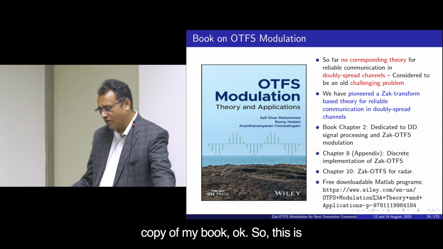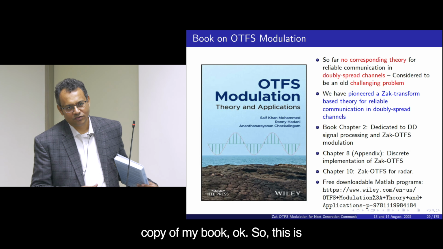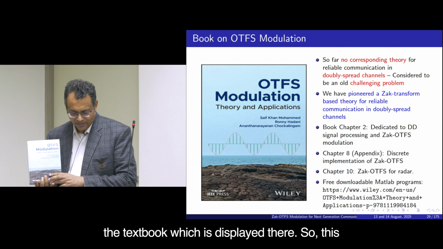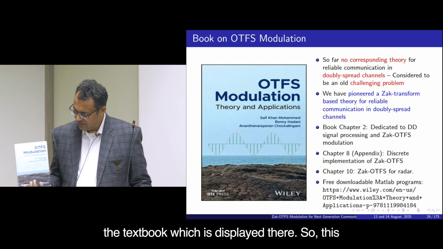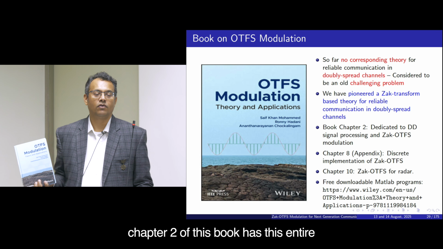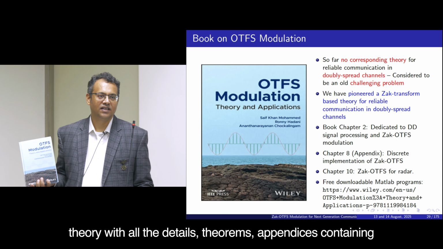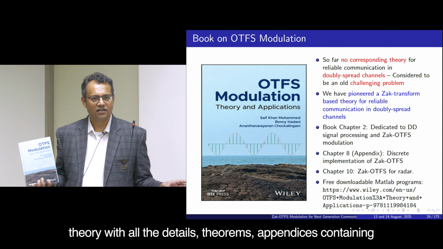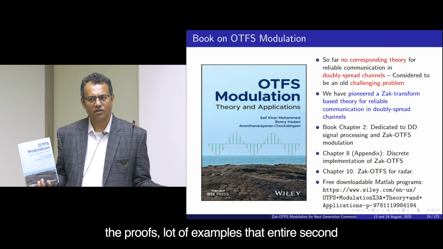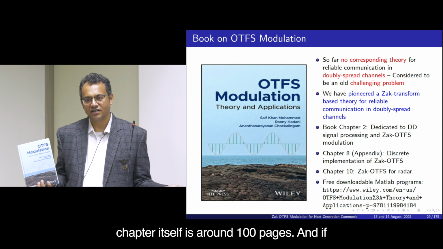So I brought a copy of my book. This is the textbook which is displayed there. Chapter 2 of this book has this entire theory with all the details, theorems, appendices containing the proofs, and a lot of examples. That entire second chapter itself is around 100 pages.